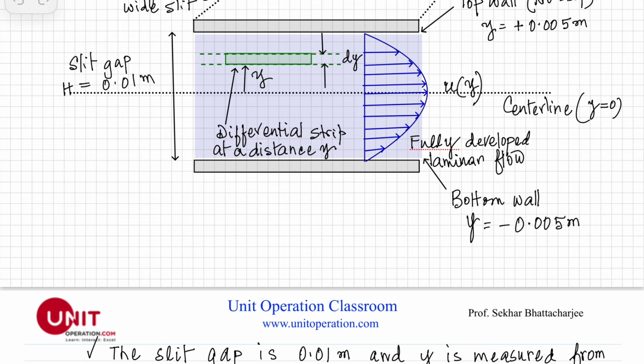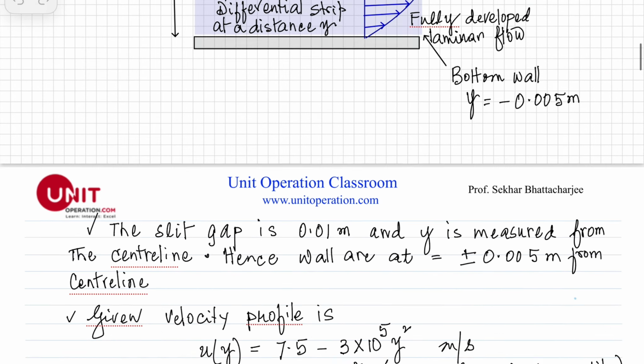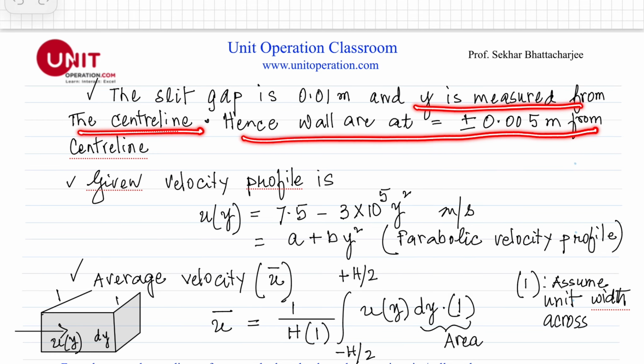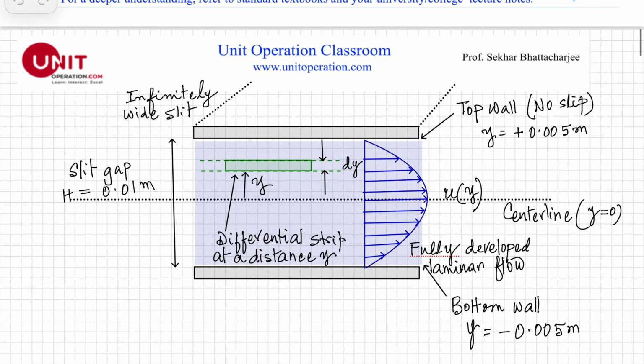Let's take a very small differential strip at a distance y from the center line. The slit gap is 0.01 meter, as we have seen, and y is measured from the center line, hence the walls are at plus and minus 0.005 from the center line.